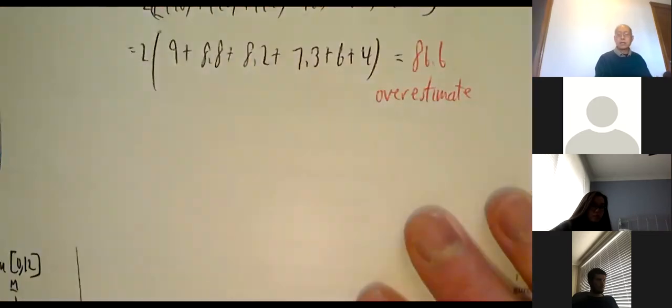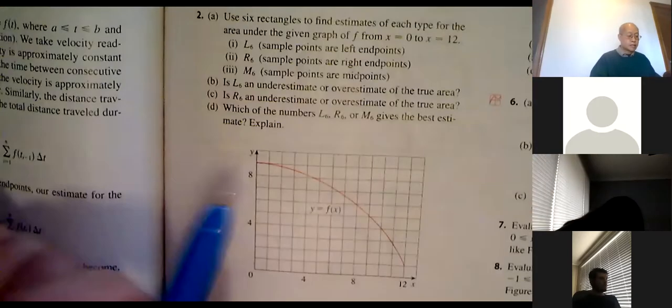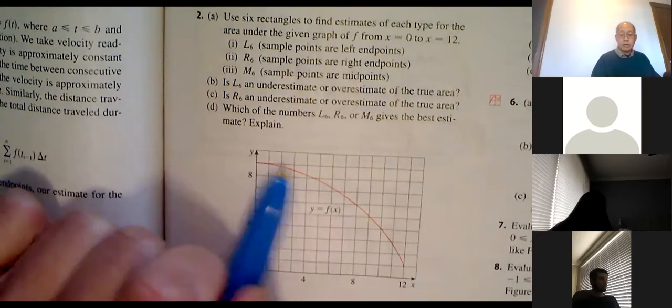And we know it's an overestimate. The text asks, is it an under or overestimate? It's an overestimate, because these rectangles are all going to be too big.